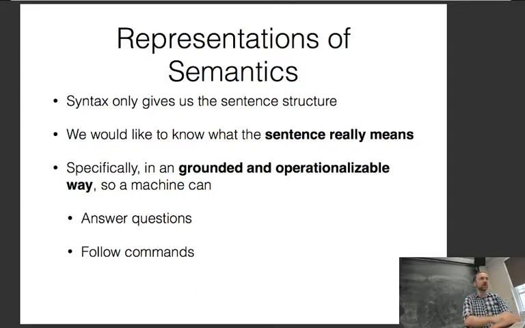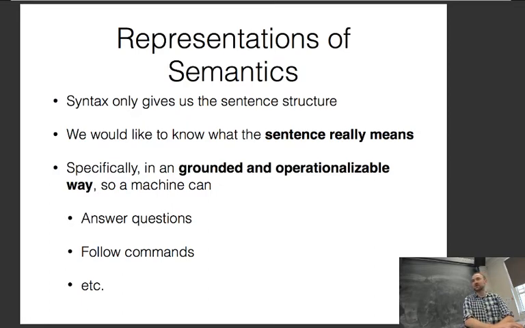Or follow commands. So you tell your Roomba to vacuum this half of the room, and it vacuums only this half of the room instead of vacuuming the entirety of this room and your kitchen and your foyer or whatever. Unfortunately, Roomba cannot do this yet, I don't think, but if it could, that'd be great.